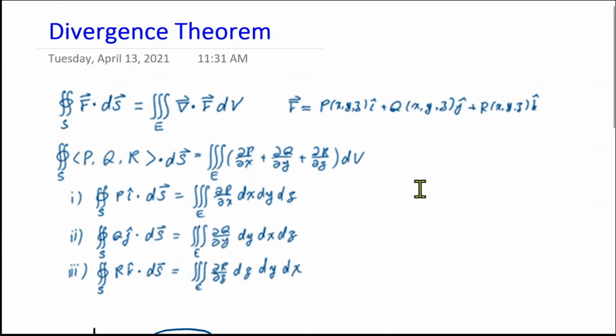So let's just take a look at the statement itself and then try to understand what it's trying to say before we prove it. So the divergence of the vector, let's just look at this side first, okay? We have talked about curl versus divergence of a vector field, and a vector field has three components, I component, J component, K component.